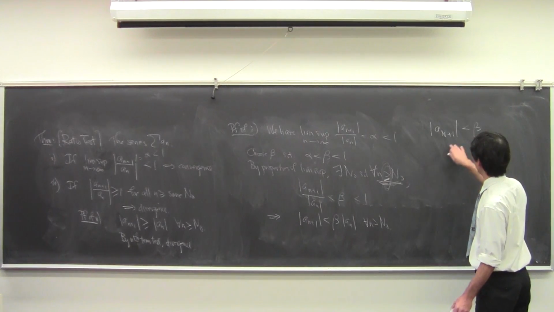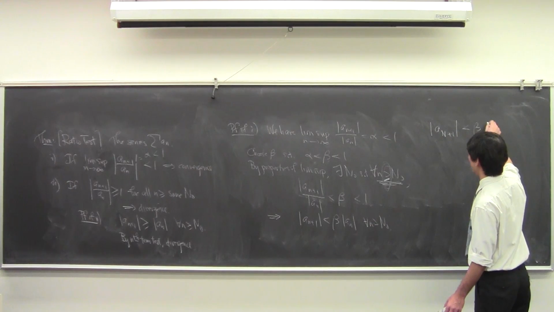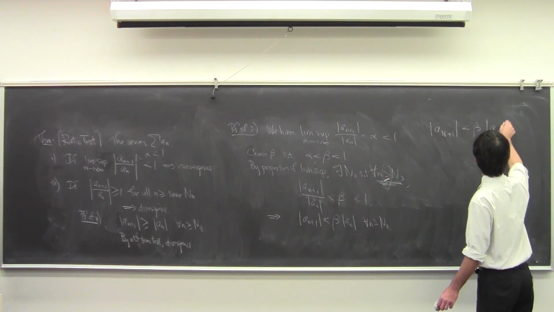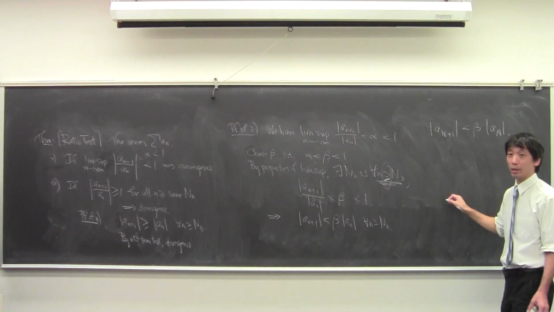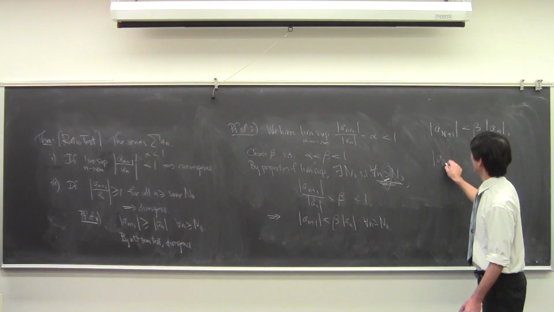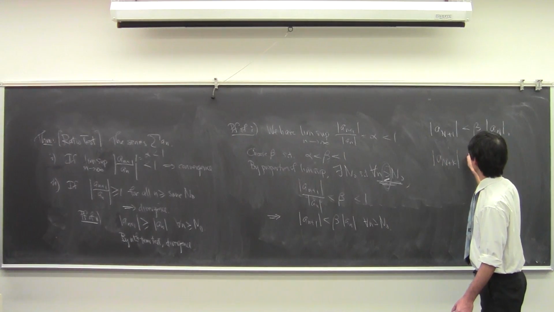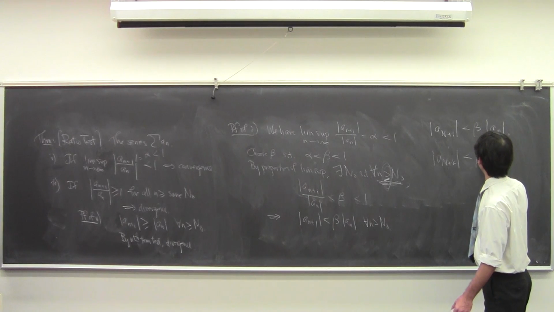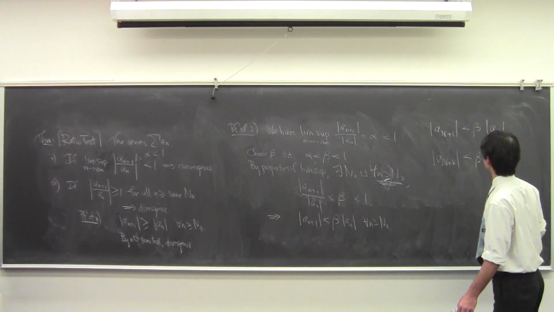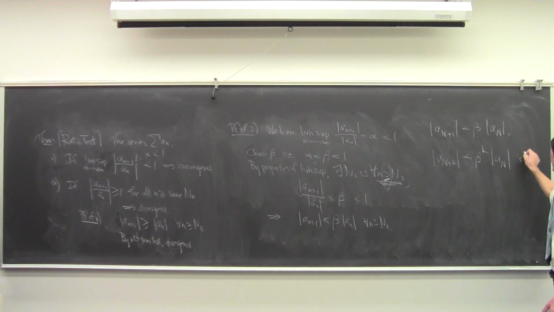It makes no difference in the argument. We see that this is less than beta a sub n, and so on and so forth. What you see is that a sub n plus k is less than beta to the k a sub n, for all k bigger than 0.